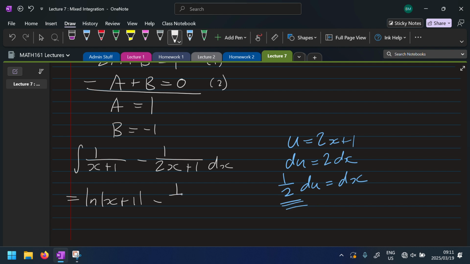This is going to be 1/2 natural log of 2x plus 1. This 1/2 here, a lot of you left that out when you did the integration of that. Please check. If you've got 1 over ax plus b, you should have a 1 over a out in front from the u substitution. Many of you left that out, and then you ended up with that bit being wrong.